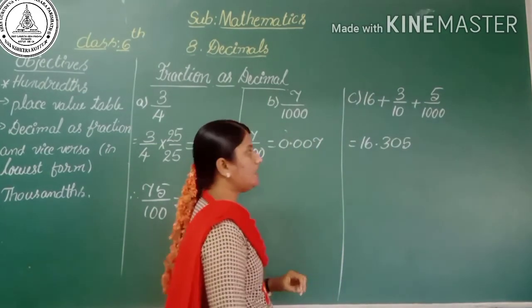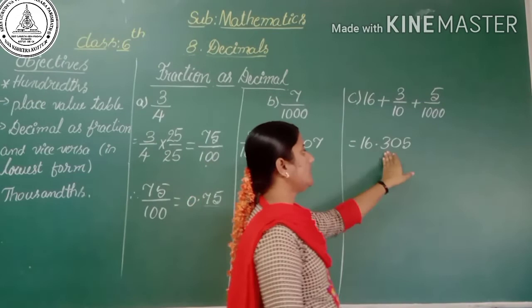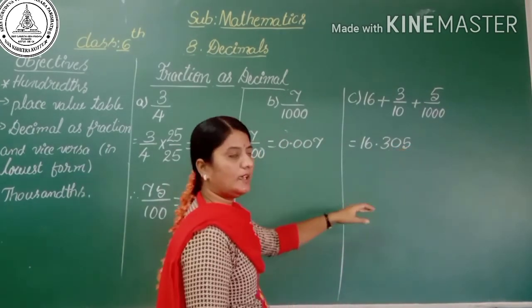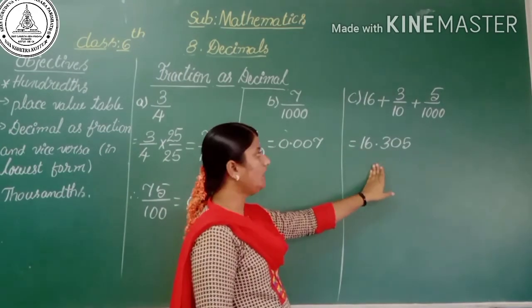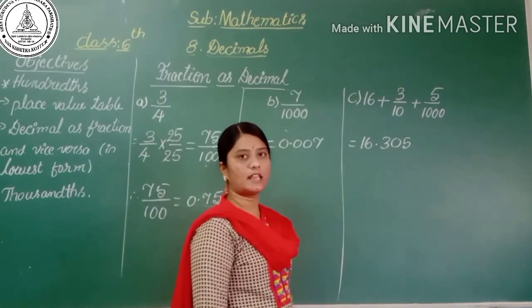Now we can read it as 16.305. Or else we can also read it as 16 and 305 thousandths.